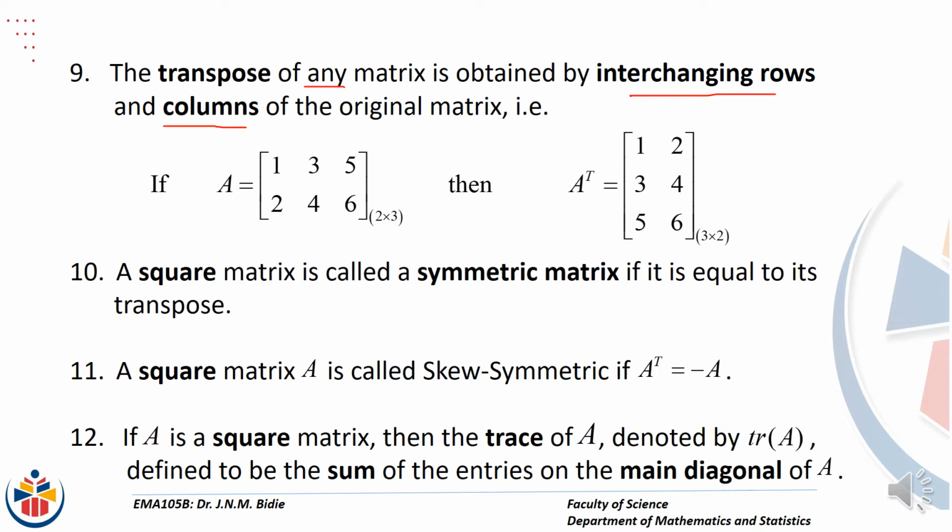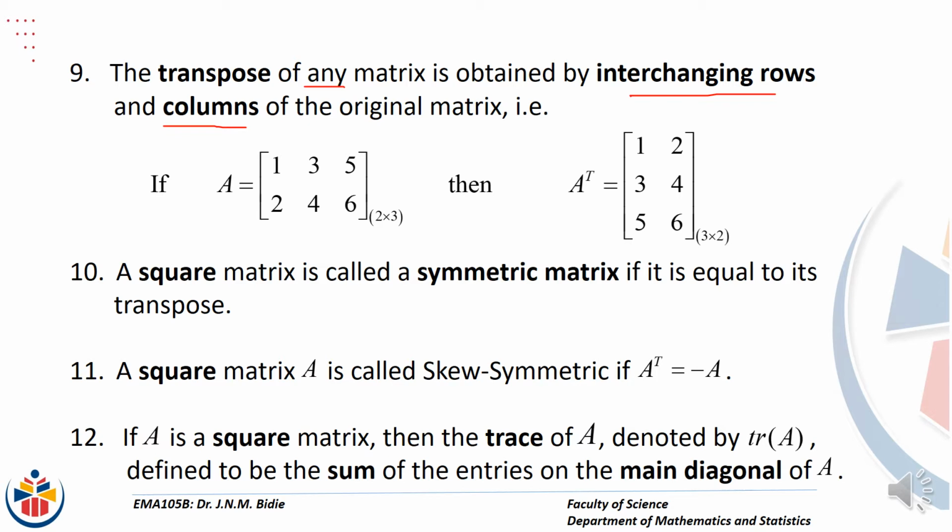Note here that I've given you matrix A to be 1, 3, 5 in the first row, 2, 4, 6 in the second row. So this is a 2 by 3 matrix. Then the transpose of A.